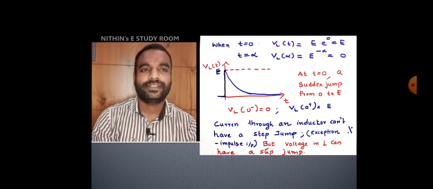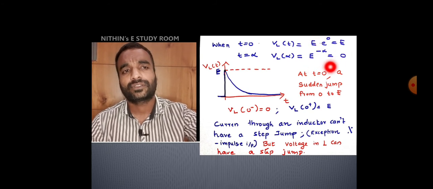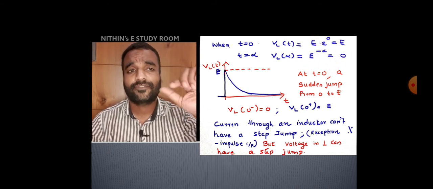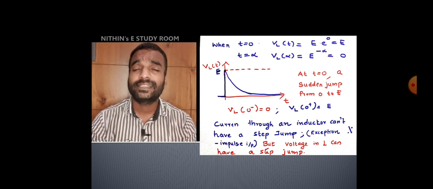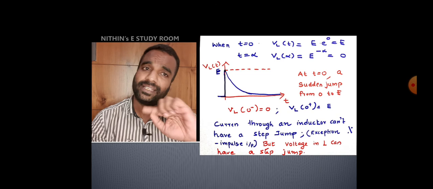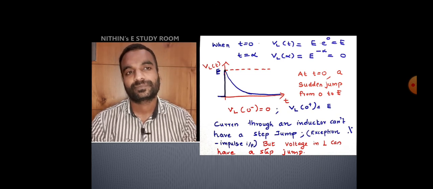VL of infinity, you will get e raised to minus infinity, that is equal to 0. So initially the value is E, and finally the value will be 0. So it is exponentially decaying, not increasing. It is exponentially decaying towards 0.